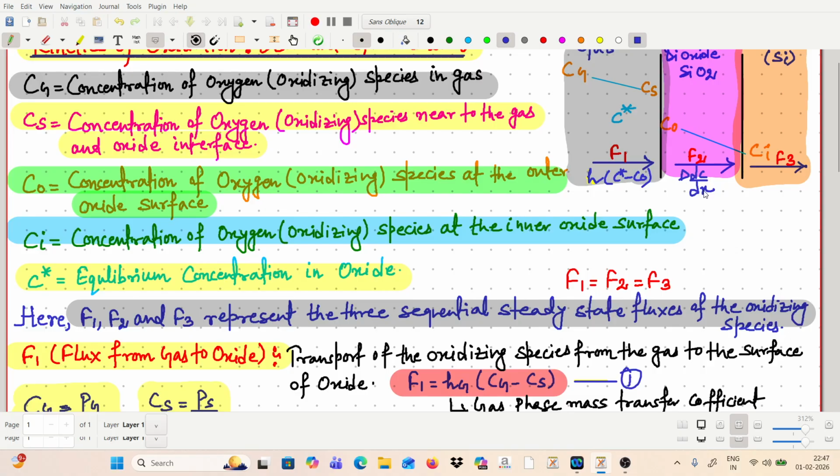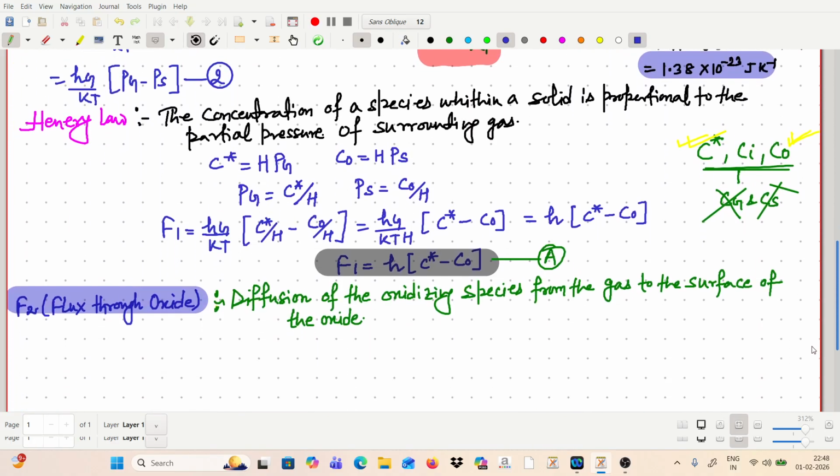One can also write this as D times C naught minus Ci by x. So F2 equals D dC by dx. Clear? So now we will go into the detail.